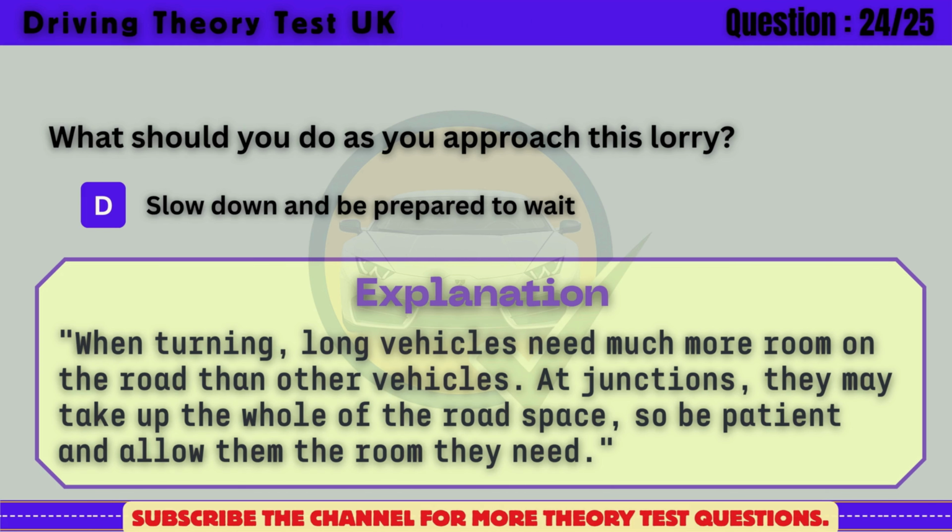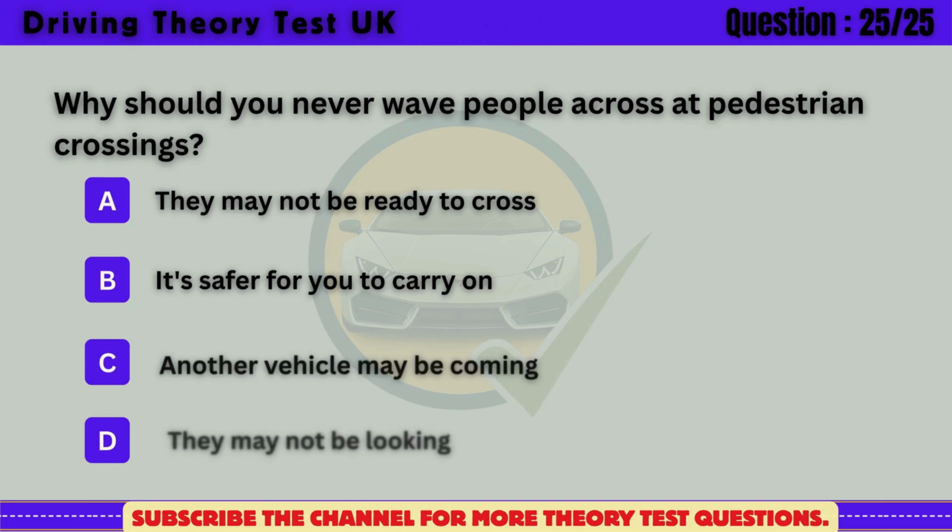Question 25. Why should you never wave people across at pedestrian crossings? A. They may not be ready to cross. B. It's safer for you to carry on. C. Another vehicle may be coming. D. They may not be looking.